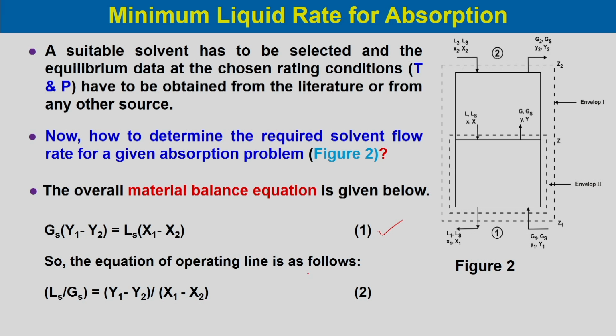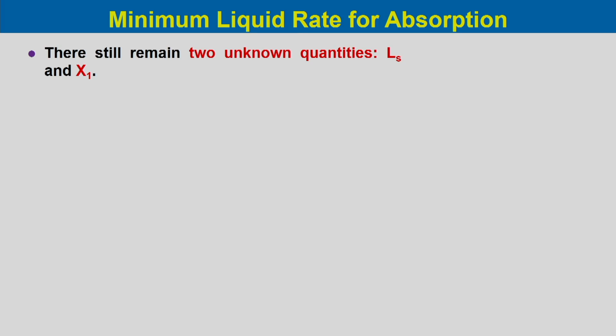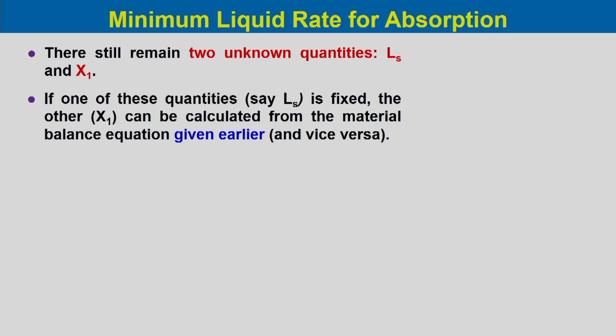The equation of operating line is Ls by Gs equal to Y1 minus Y2 divided by X1 minus X2. This is equation 2. So, this is the equation of the operating line. Now, there still remain two unknown quantities, Ls and X1, which have to be determined.